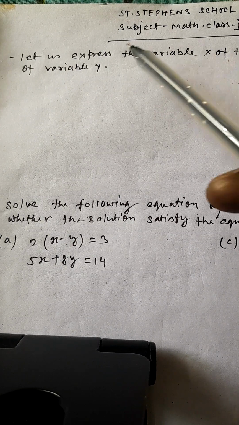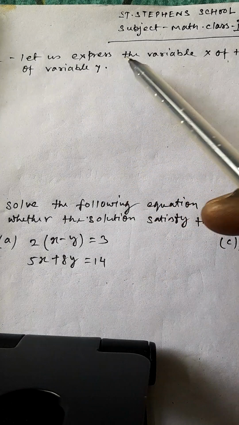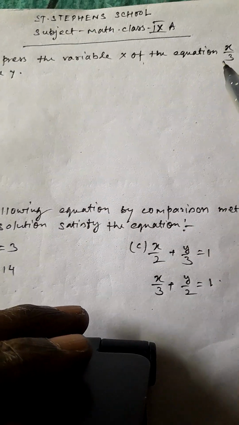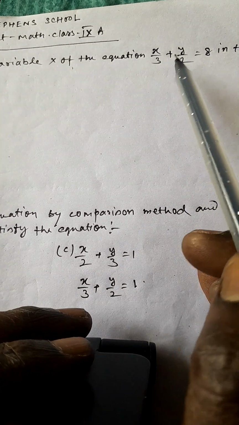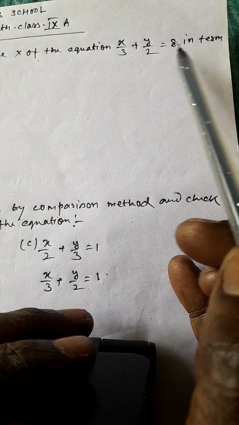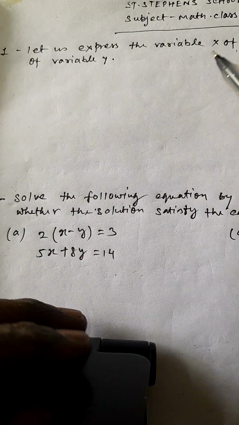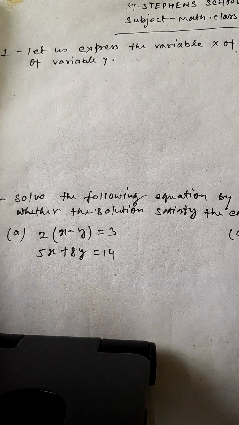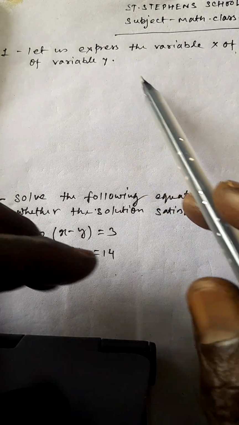The first question is: express the variable x of the equation x upon 3 plus y upon 2 is equal to 8 in terms of variable y.